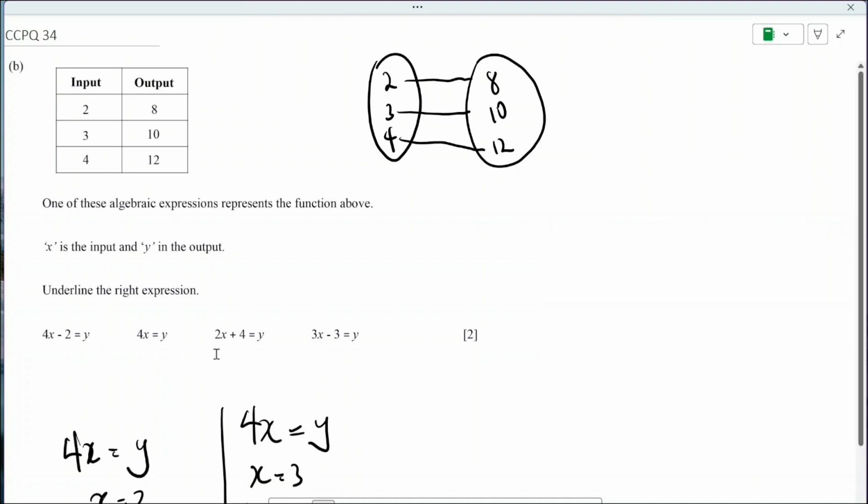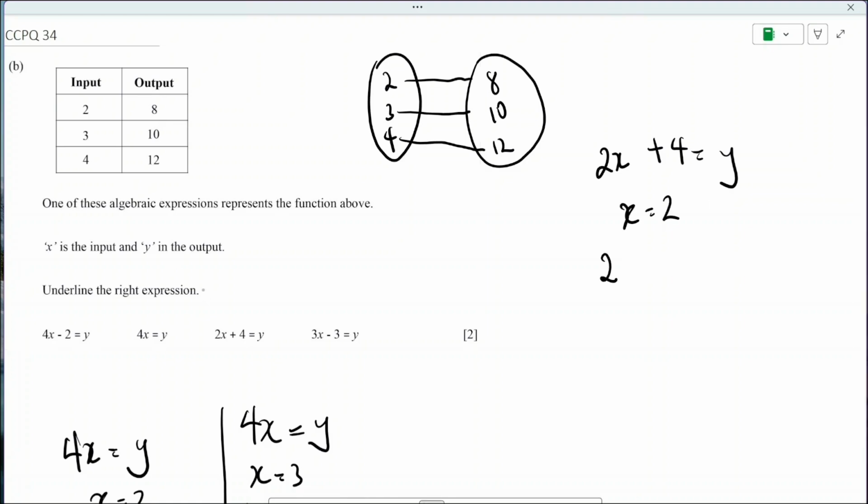The third expression says 2x plus 4 equals y. We start with, when x is 2, are we going to get y, which is our output, as 8? We take x is 2. You change the value of x here to 2. This 2 is linked to this x by times.